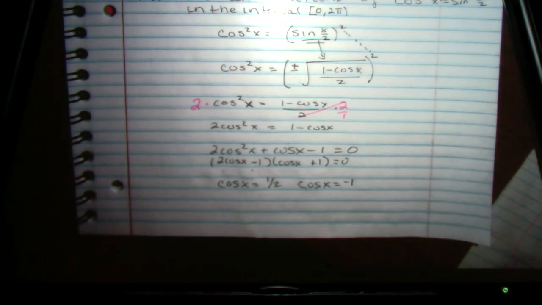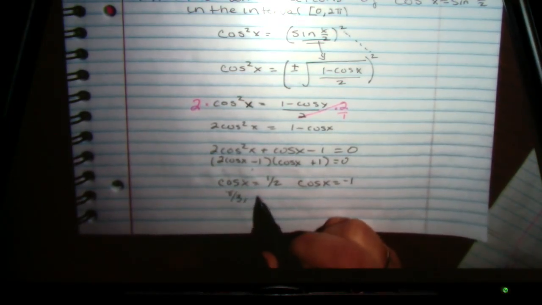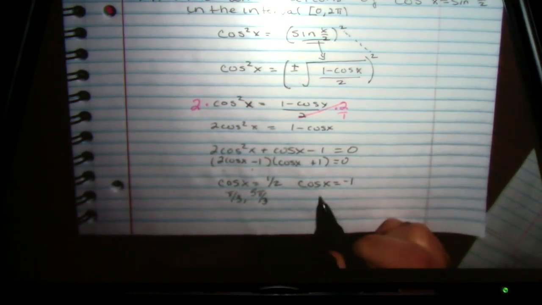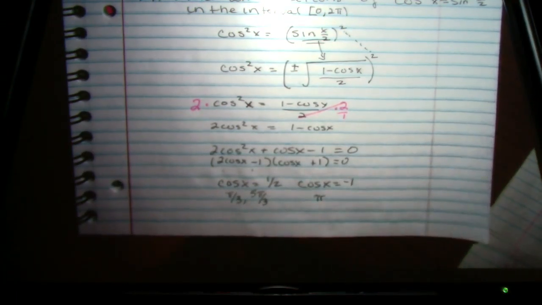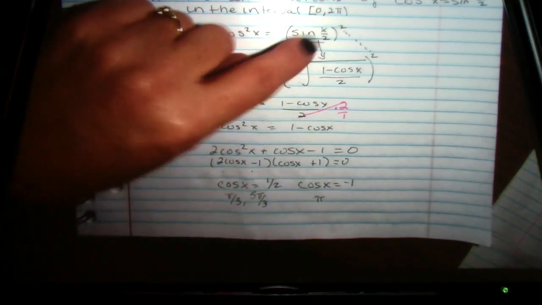And now what do we do? Unit circle. So pi over 3, 5 pi over 3, and pi. The new stuff is right here.